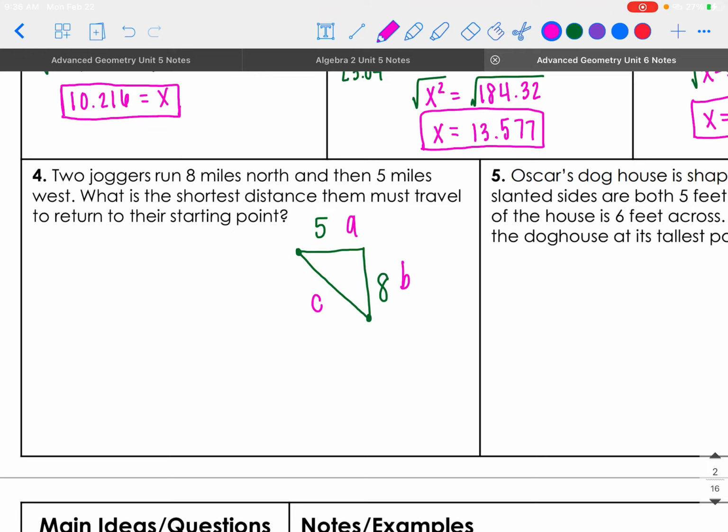They could run their exact path back, but that would take a longer time. So we have 5 squared plus 8 squared equals c squared. And 5 squared plus 8 squared is 89 equals c squared. And then when we take the square root of both sides, we get 9.434. And that would be miles.